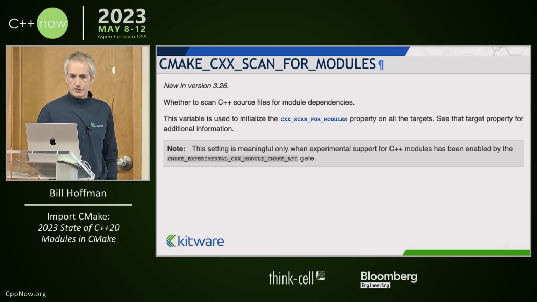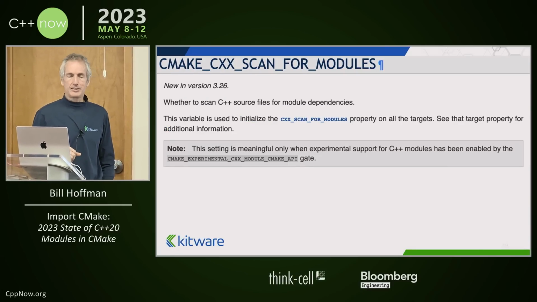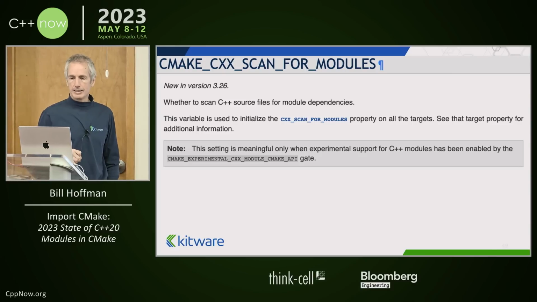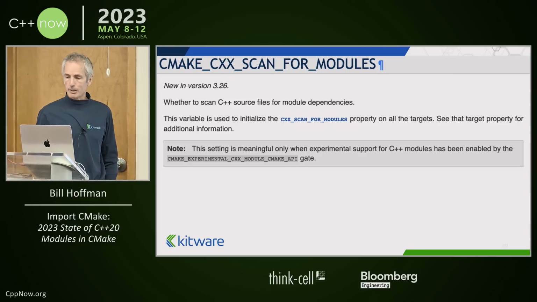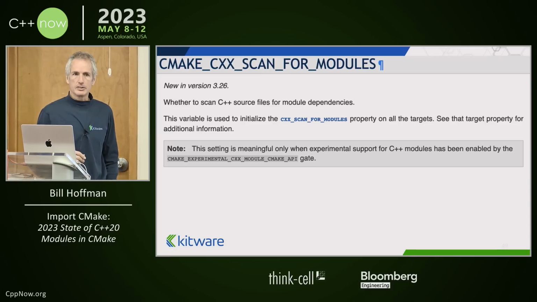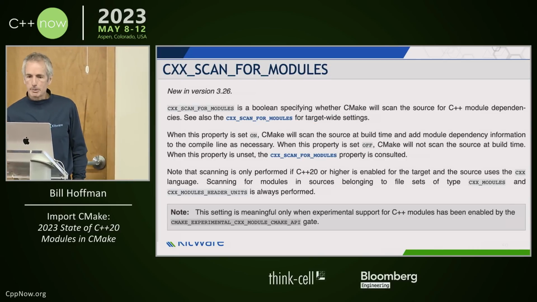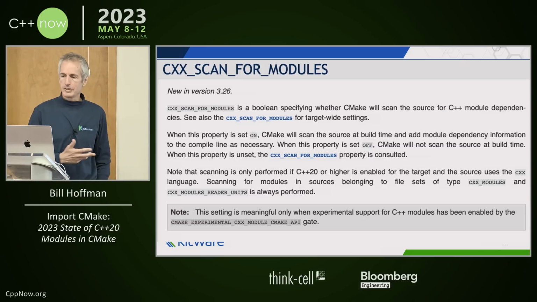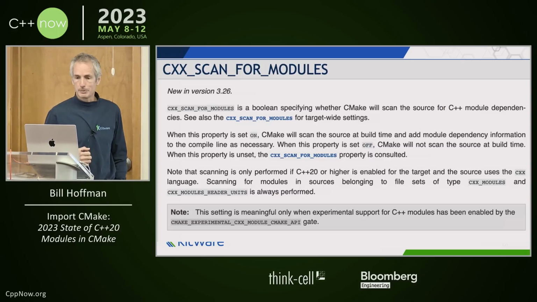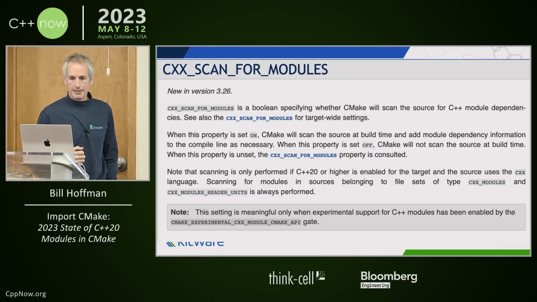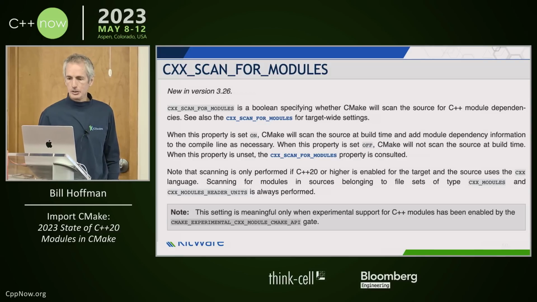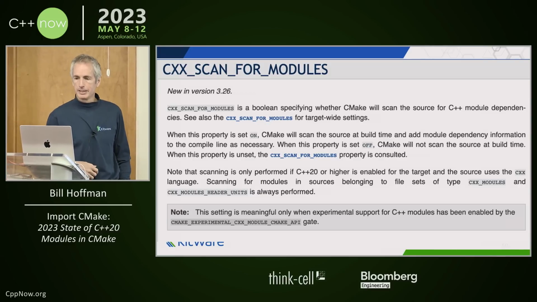So the way CMake works, this is a global variable, CMAKE_CXX_SCAN_FOR_MODULES, and it will initialize the target property on all targets to what you set that global to. And then this is the target property, and it's a Boolean that tells CMake whether to scan for module dependency information. When the property is on, it will scan the sources at build time.